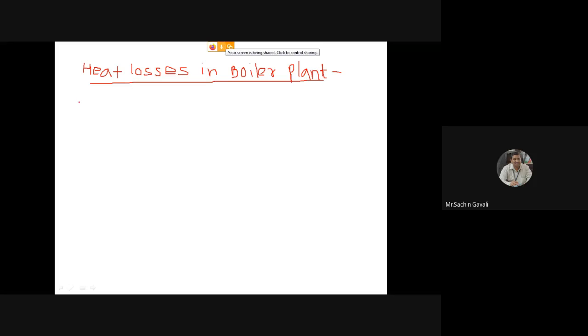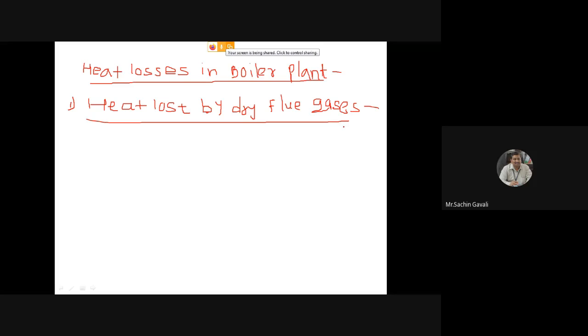And in that case, first you write down heat losses, or heat lost by dry flue gases. Heat lost by dry flue gases. Write down.